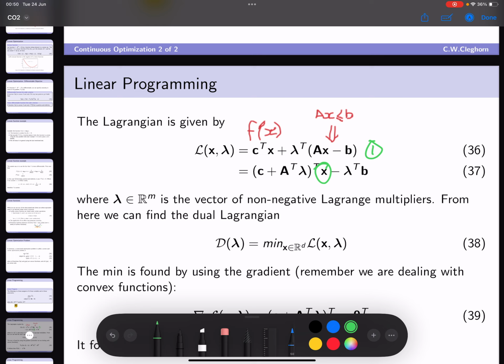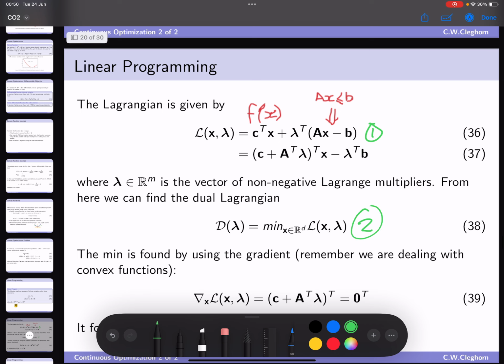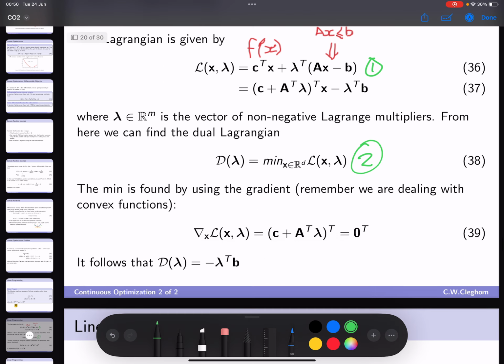You can see here that lambda is the vector of non-negative Lagrange multipliers, and from here you can find the dual problem by minimizing with respect to x. That is step 2. To find the minimum of a function, we know that you just take the derivative, set it equal to 0, and solve. That is exactly what we're going to do.